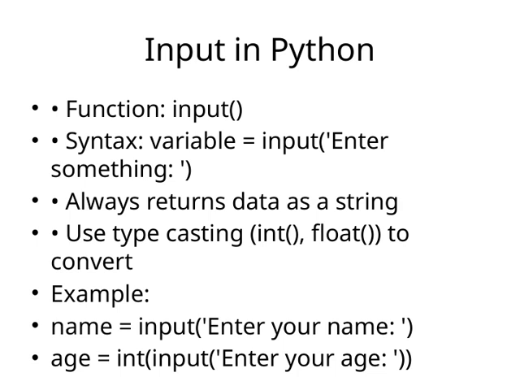One important thing to remember is that regardless of what the user types, input always treats that data as a string. So if you're expecting a number, you'll need to convert that string into a number type using functions like int or float. For example, if you want to get the user's name, you could write name equals input, enter your name. And if you want to get their age as an integer, you'd write age equals int, input, enter your age.